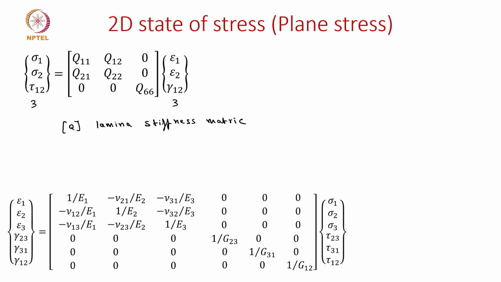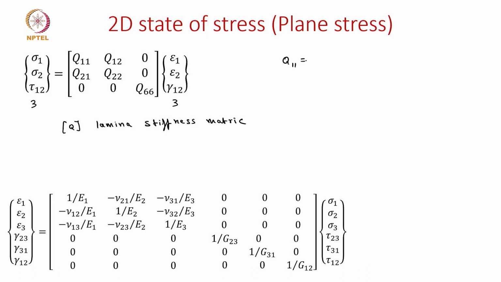Bear in mind, earlier when we were referring to the stiffness matrix, we used the matrix C for 3 dimensions, but when we come to 2 dimensions, we use a new terminology where we use Q to refer to the stiffness matrix. But now let us see what are the components of this stiffness matrix.